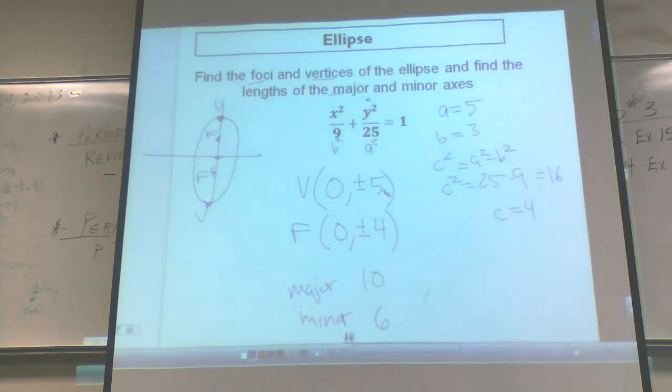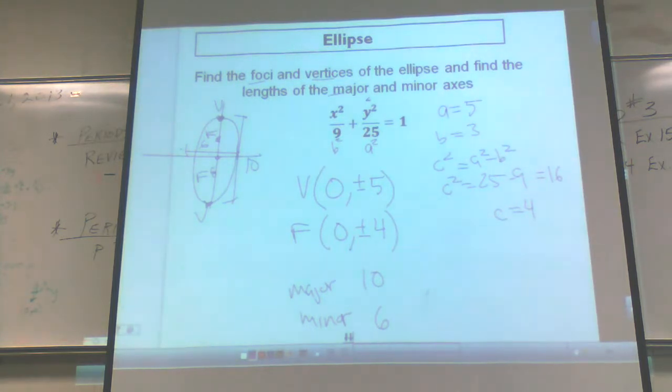So what these numbers do is if I were to graph this, this would be pretty easy to graph. Because this is telling me from here to here, that length is 10. From here to here, that length is 6, which kind of helps you graph them. Okay? For this one here, you're not graphing. All we are asking to do is find that, and that's it. That would be a pretty basic problem.